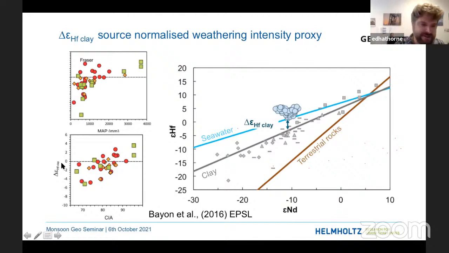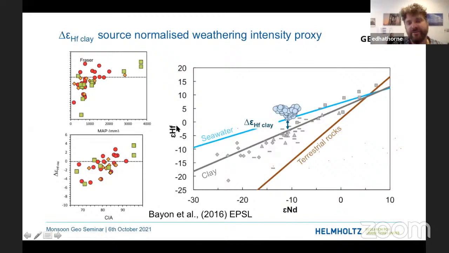When he plotted this delta epsilon hafnium clay against mean annual precipitation for the different rivers and the chemical index of alteration of the sediments, he found quite good relationships, and this is clearly a proxy of weathering intensity. There are some things we still need to understand, but it looks like a very good proxy.